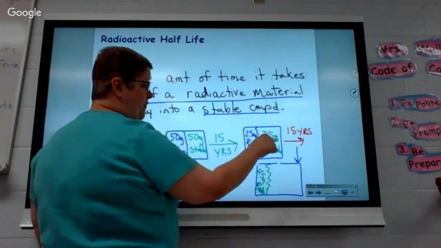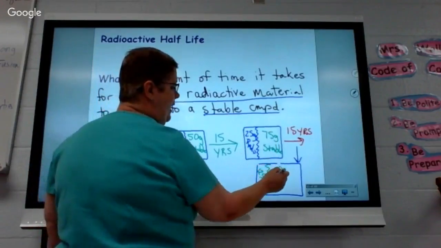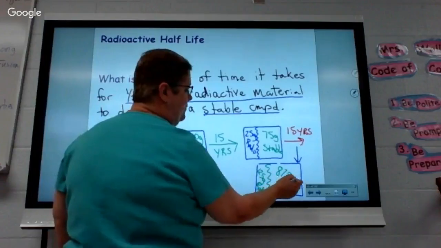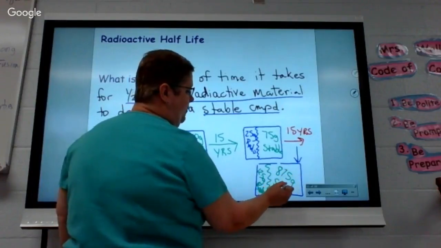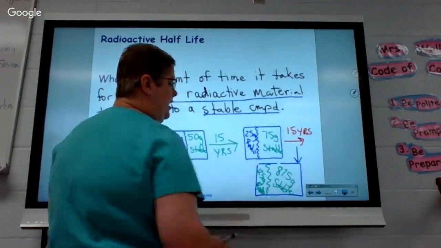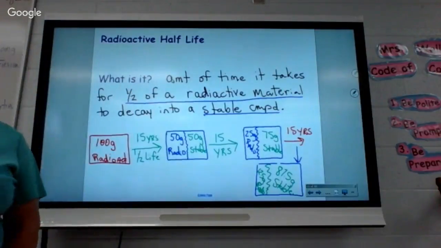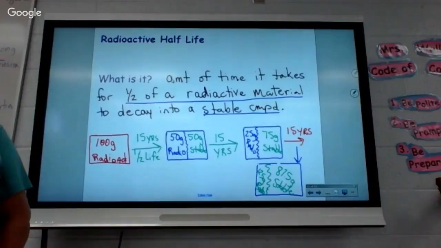And that 12.5 goes over here, and I'm at what? 87.5 grams is stable. So, over time, this continues to happen. Does the nuclear stuff or radioactive stuff ever completely go away? Well, sort of. But there's always going to be some minute or trace amounts.